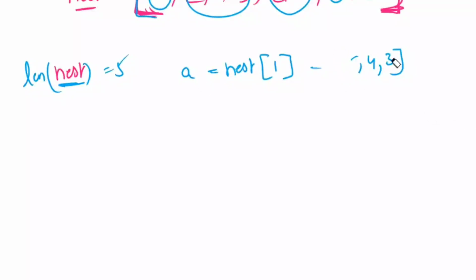Now, whenever you are writing A is equal to nest of 1, first the right side part will be executed. What is there in the right side? Nest of 1, that is nothing but the 5, 4, 3 list. This value will be stored in the new variable A. Only this part will be assigned to the new variable.